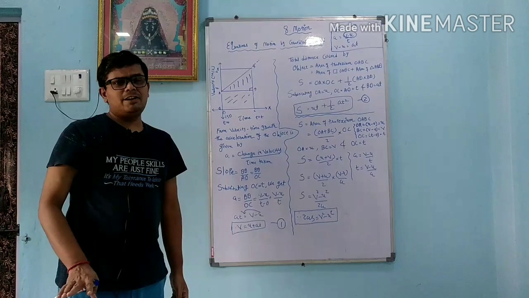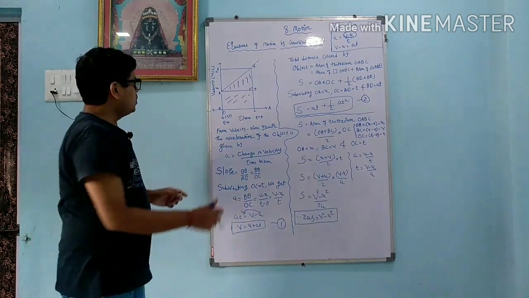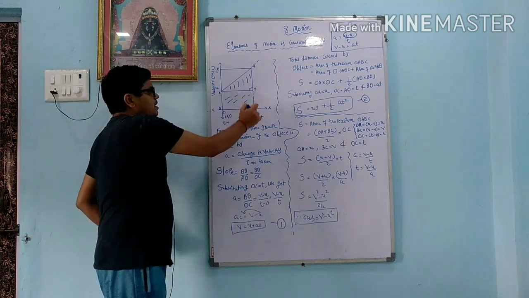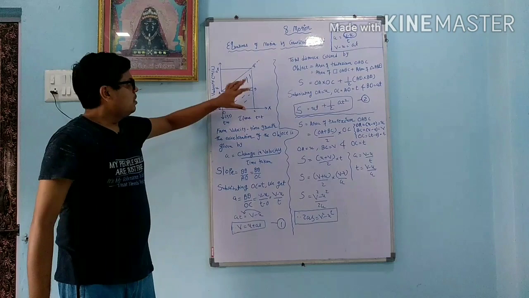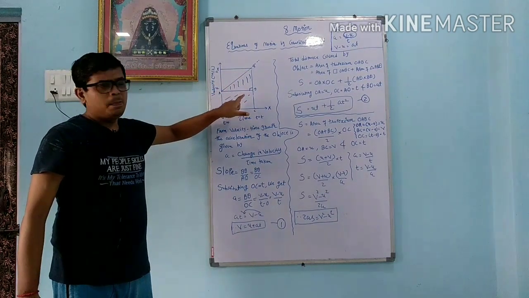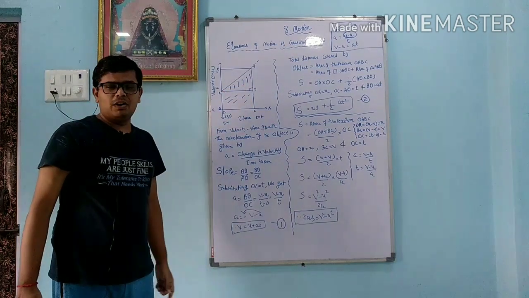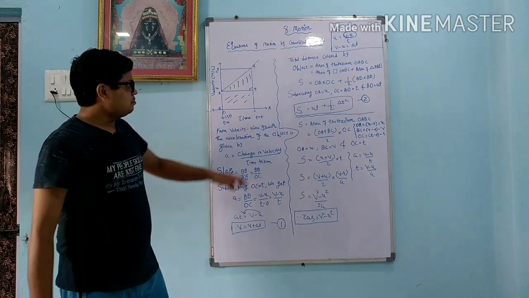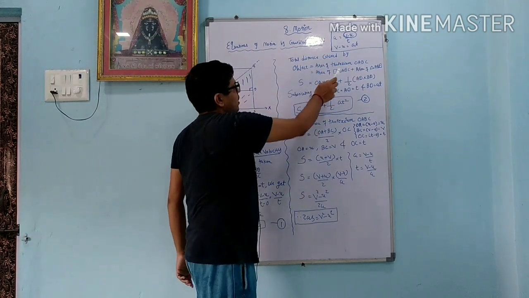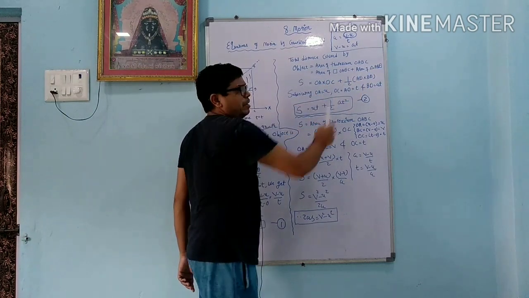Second equation, in that we are going to find the distance covered by an object. So dear student, here we draw the graph. In that graph, OABC is a trapezium, and in this trapezium one part is a triangle and the other is a rectangle. If we find the area of the triangle and the area of the rectangle, then we can find the distance. So total distance covered by the object equals the area of trapezium OABC, and this trapezium is made up of rectangle OADC plus the area of triangle ABD.